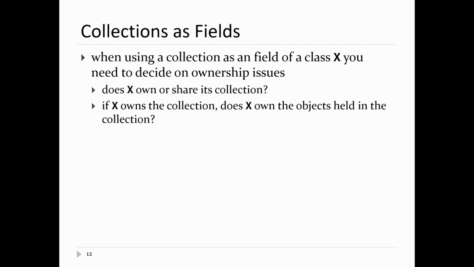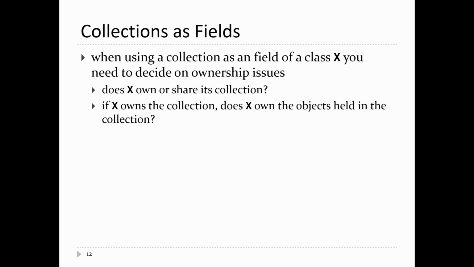All right, so here's the problem. When you're using a collection as a field of a class, you now need to decide ownership issues. Number one, does your class X own its collection, or does it share its collection? In other words, are we going to make an aggregation of a list, or a composition of a list?